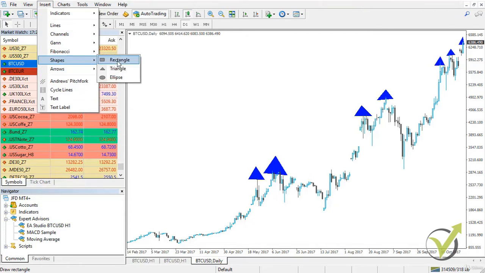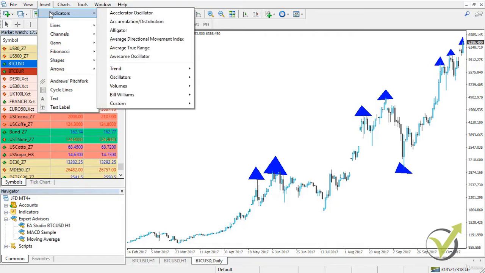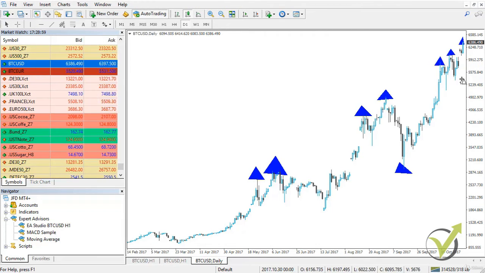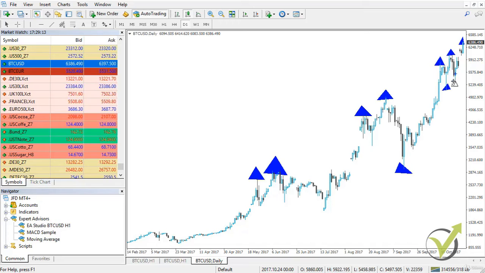Let me put another triangle here. I'm not going to show all of them, but you can easily see we have one here. Don't pay attention, guys, to the form of the triangle; I'm just putting it randomly, it doesn't really matter. I just want to focus your attention on the higher highs and the higher lows. So one more time, I will pick the shape of a triangle and place it over here. So pretty much that's it, guys.